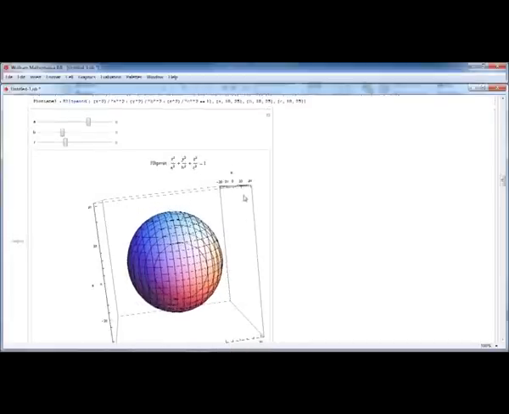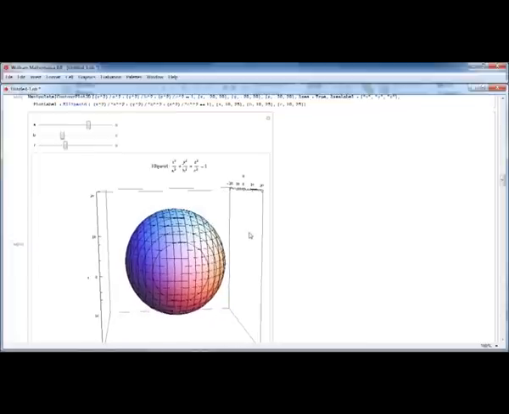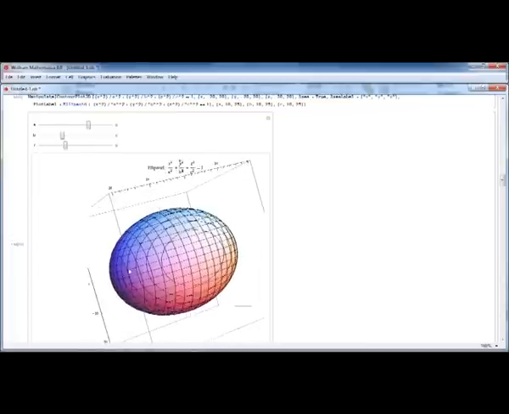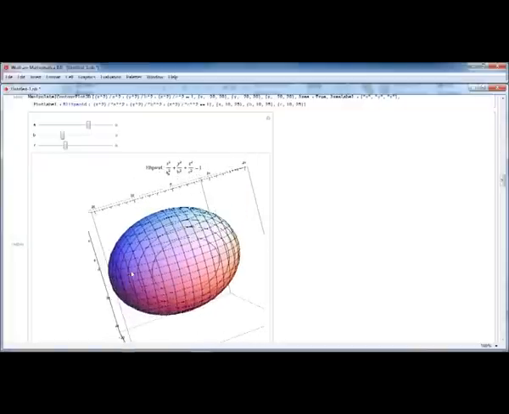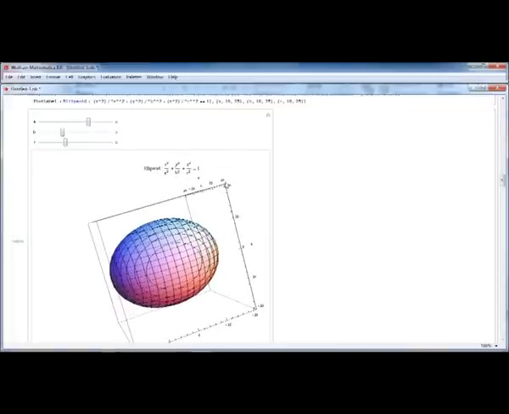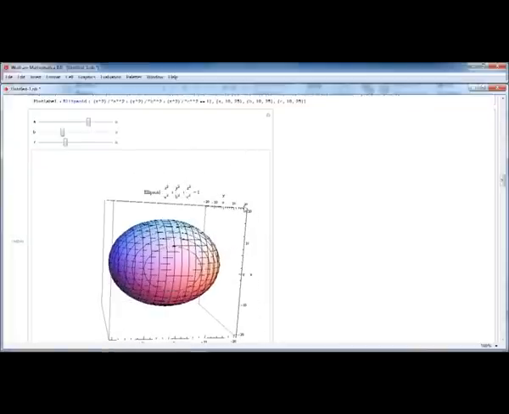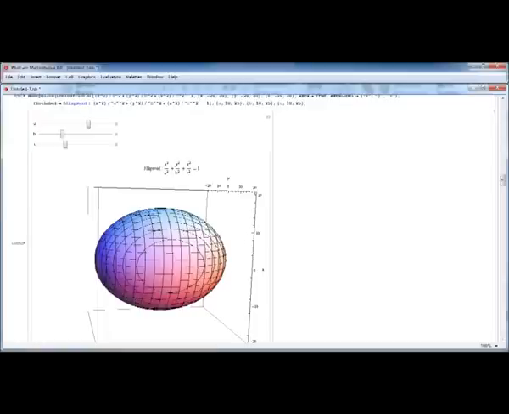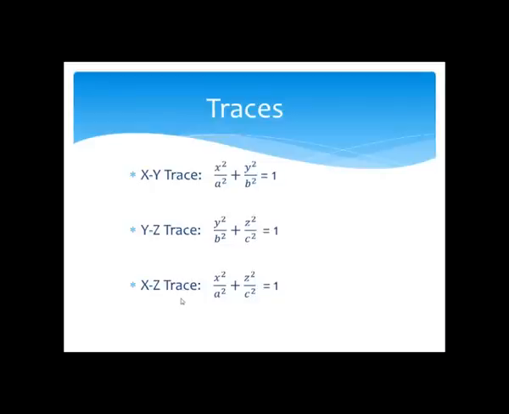And so we see an ellipse as well. And lastly, the xz trace. And obviously, this is also an ellipse. So that's all for the traces.